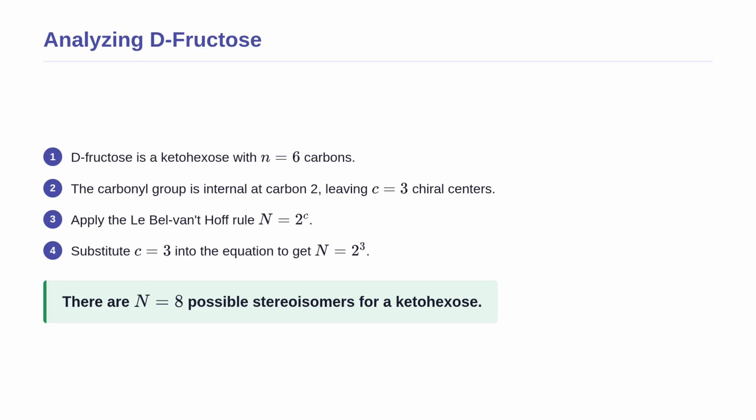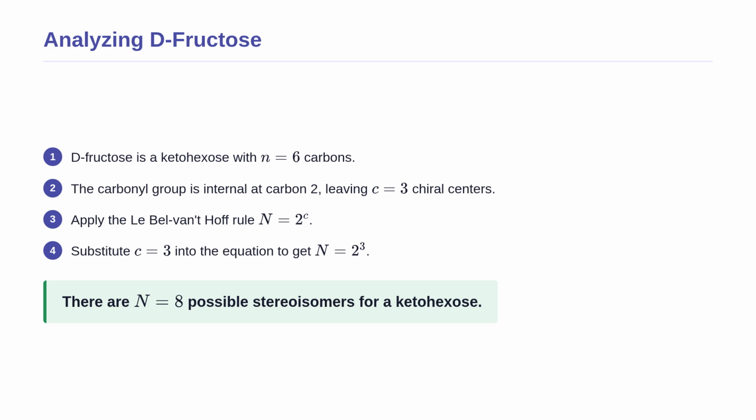Before we move on, let us see this with another concrete example by analyzing D-fructose. We know fructose has the same 6 carbons, but it is a ketohexose. We need to find its total stereoisomers to compare with glucose. Because the ketone group is tucked inside at carbon 2, the number of chiral centers drops to 3, so c equals 3.